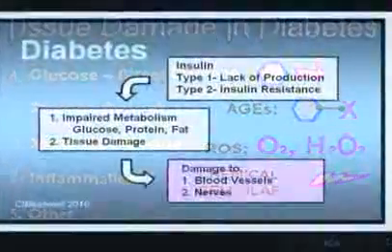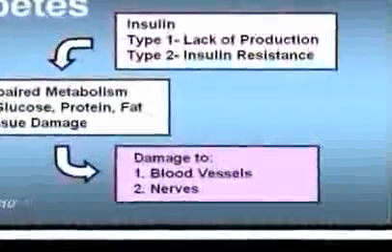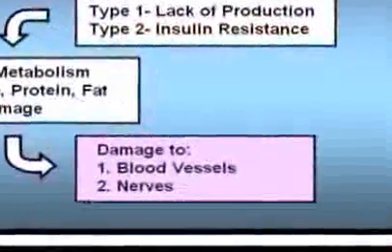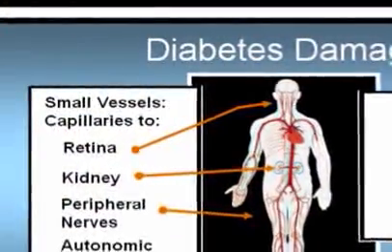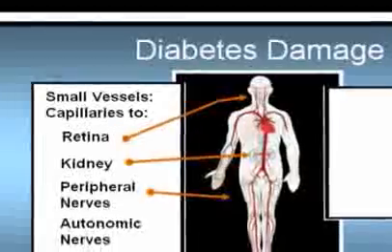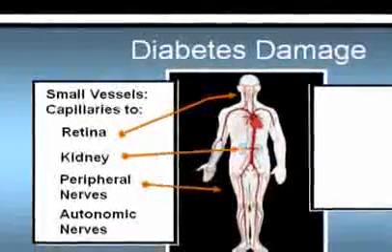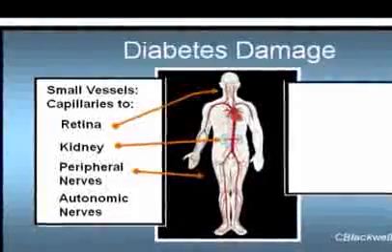So diabetes has widespread effects, the chief result being damage to nerves and blood vessels. Blood vessel damage comes in two varieties. First, damage to the capillaries, the small vessels that deliver oxygen and nutrients to the tissues. These are the microvascular complications, with damage to the retina, the kidneys, and peripheral nerves.